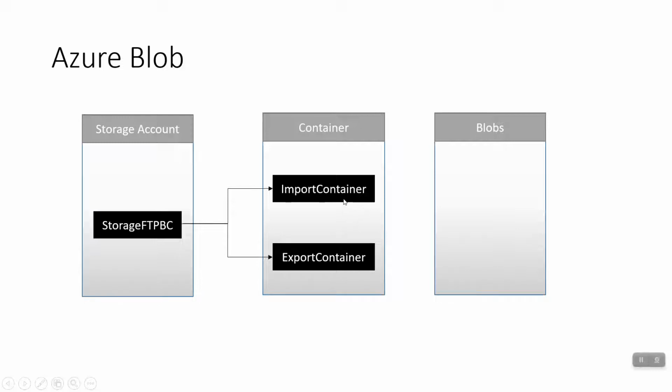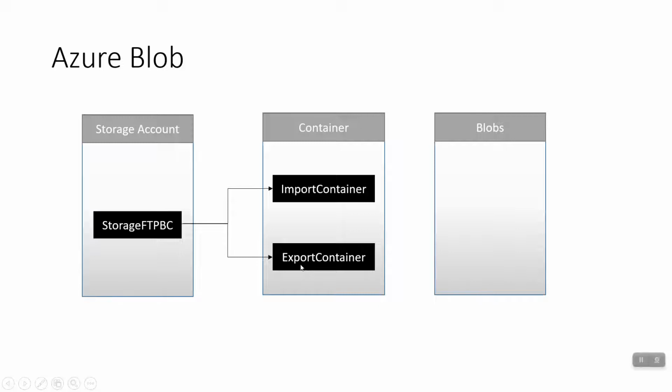You might ask why we are creating two containers. Whenever the client or user places a file, we can ask them to place it in the import container. Whenever we export the data, we will export into the export container.